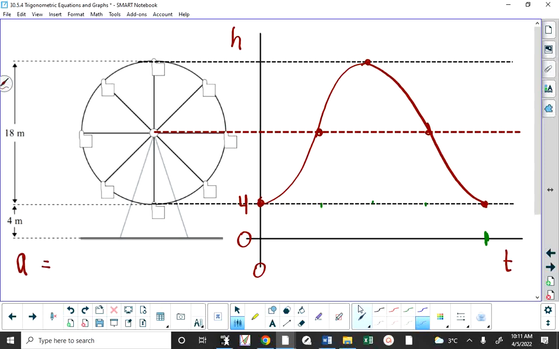What is A? Well, the lowest point of this graph is 4 meters. That's Joel and Ellie's minimum height. The diameter of the wheel is 18 meters, which means 4 plus 18 has to take you up to 22. I would like everybody to find the middle value of y there.